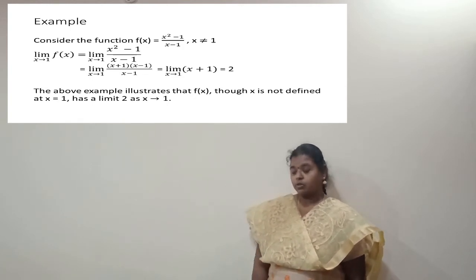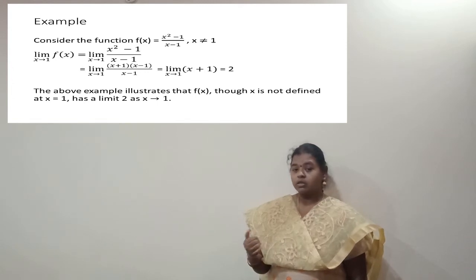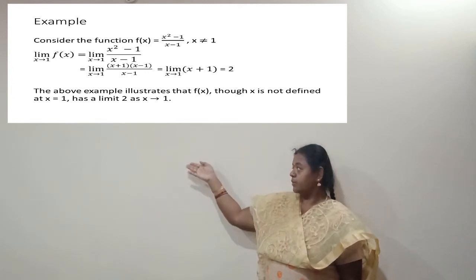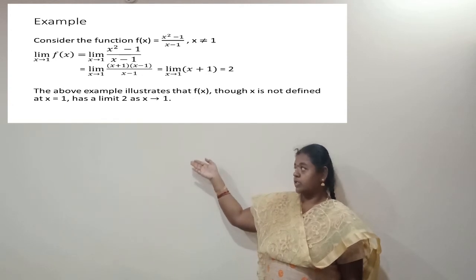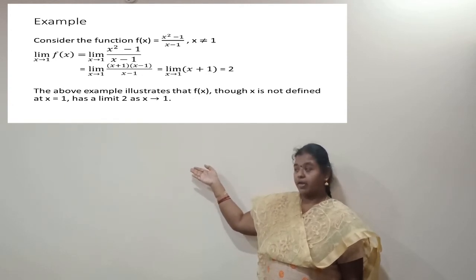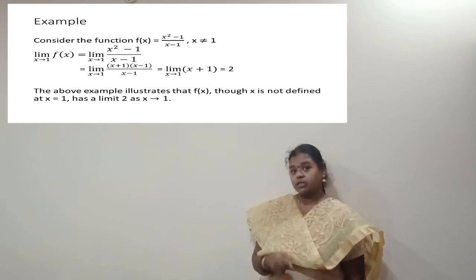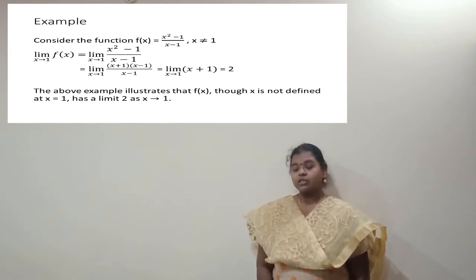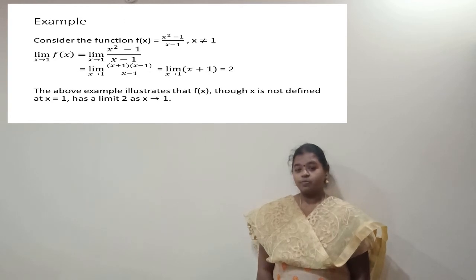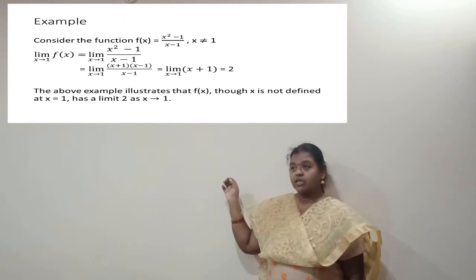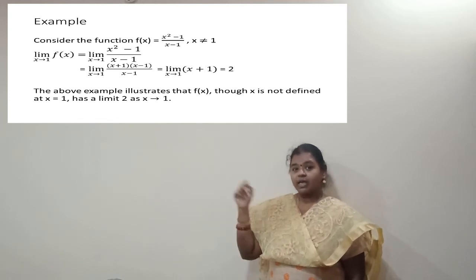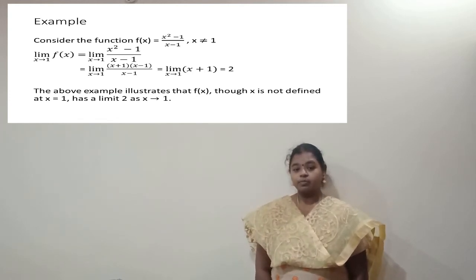So x square minus 1 is written as (x plus 1)(x minus 1). The given problem reduces to limit x tends to 1 of (x minus 1)(x plus 1) divided by (x minus 1). The x minus 1 and x minus 1 get cancelled. Therefore limit x tends to 1 of x plus 1 is equal to 2. So the illustration says that though the function is not defined at x equal to 1, the limit becomes 2 as x tends to 1.